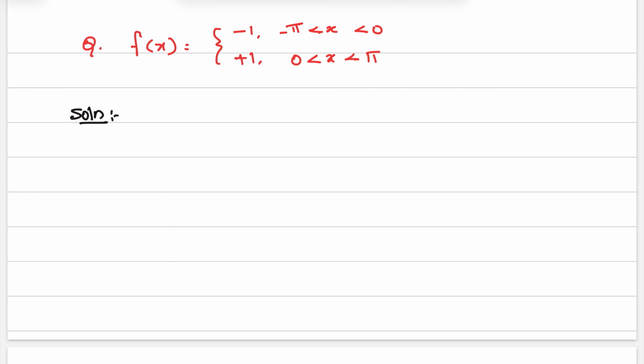That means the function f(x) is an odd function, because when x is less than 0, between minus pi and 0, f(minus x) is equal to minus f(x), that is equal to minus 1.